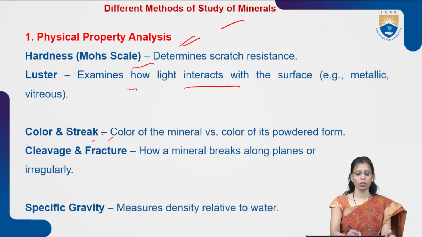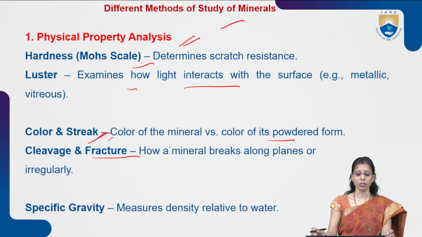So we are going to discuss color and streak also: the color of the mineral versus the color of its powdered form. Once you make the mineral into a powder, the mineral's appearance may be yellow while the powder form may be white. So streak is basically how it looks when you make it into powder.